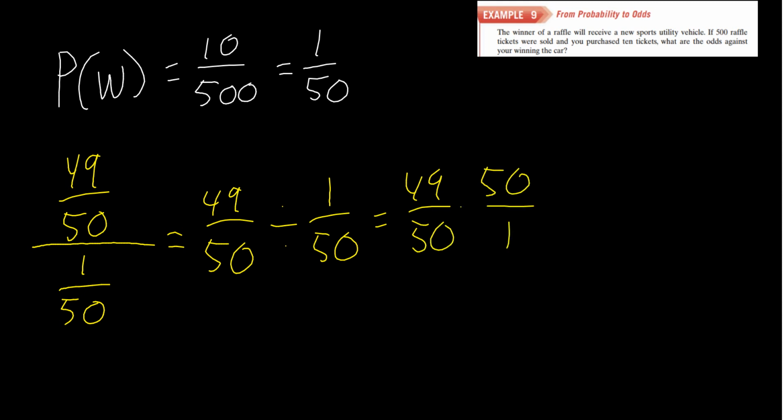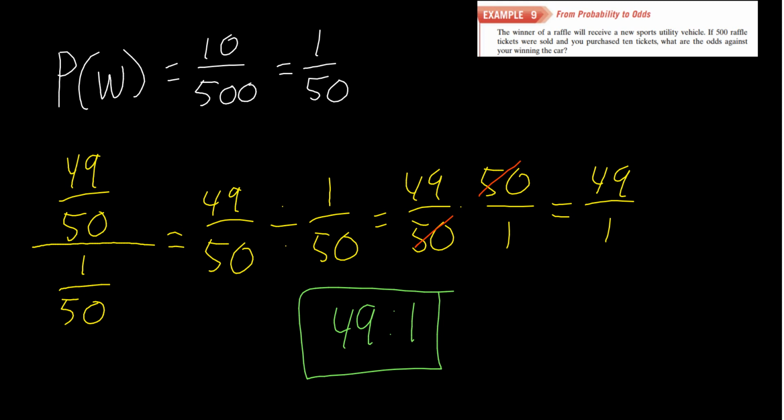We know that these cancel, so we end up with 49 over 1, or you say this as 49 colon 1. All right. So my odds against me winning the SUV are 49 to 1. Okay. So for every 49 times that I don't win the SUV, I will win it 1 time. And again, that's basically just what that means.